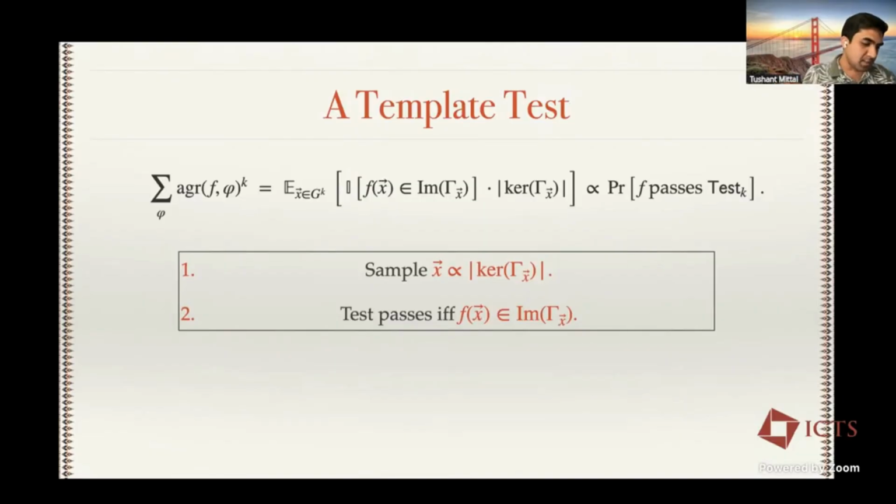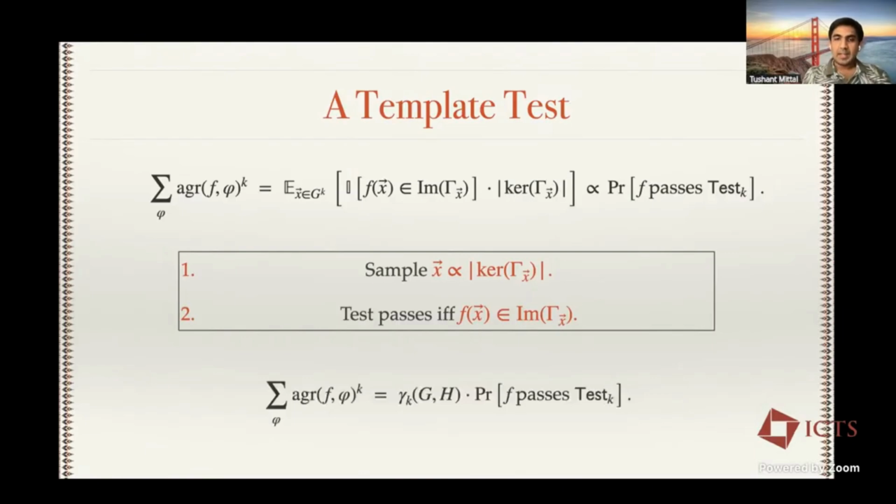And if you work this out for the cyclic case, you get the toy case that I mentioned. This kernel depends on the order of elements, so it would give more weight to multiples of p. What this gives you is that this kth moment you can write as a constant depending on the groups G and H, which has nothing to do with the function F, times this test passing probability.